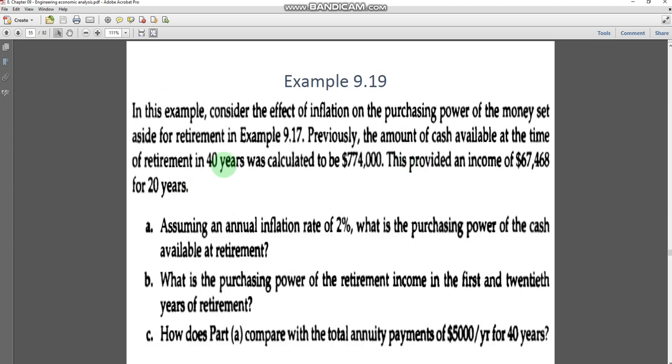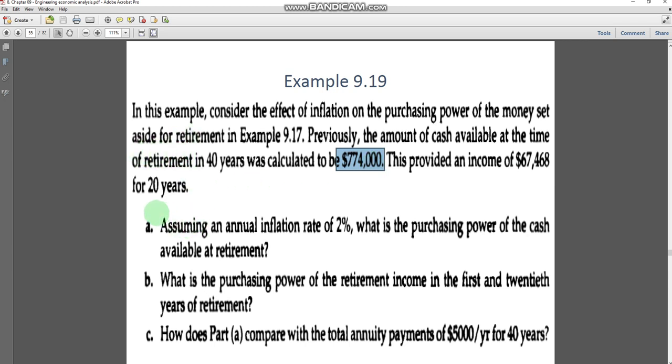Now we have to continue with this example again. Previously, the amount of cash available at the time of retirement in 40 years was calculated to be $774,000. This provided an income of $67,468 for 20 years. So this one is an annuity, and this one may be taken as a present value if you consider from the start of the investment of $5,000 per month.